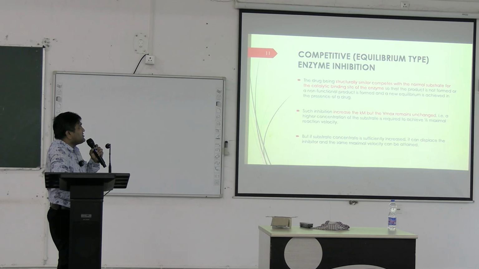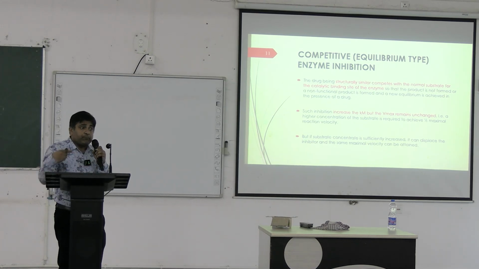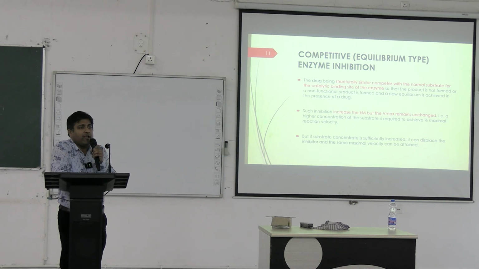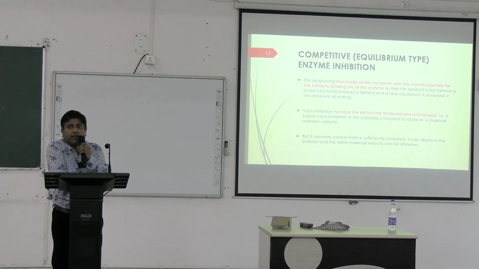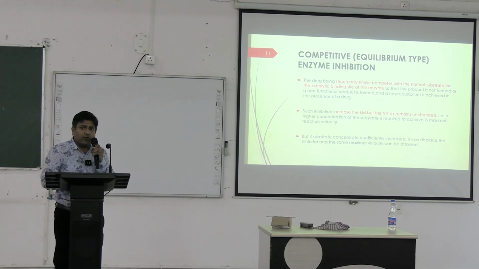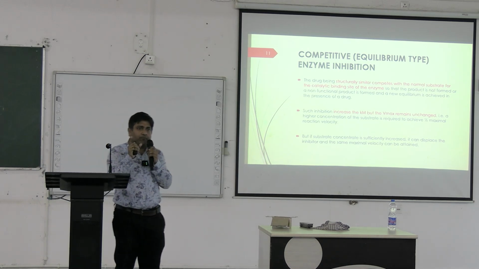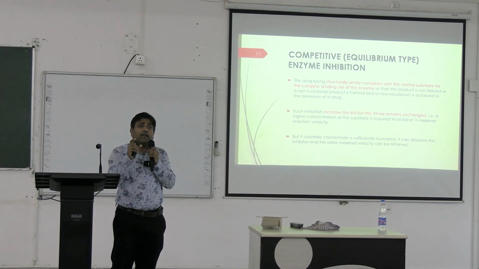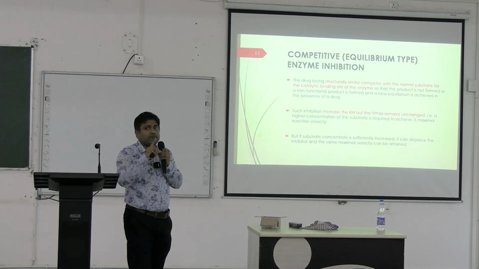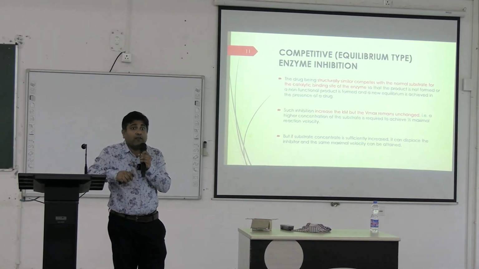What happens? The drug, being structurally similar to the substrate, competes with the substrate to bind to the catalytic site of the enzyme. If the drug comes and binds at the site where the substrate normally binds, the substrate will not be able to bind. It competes with the substrate for the catalytic site.